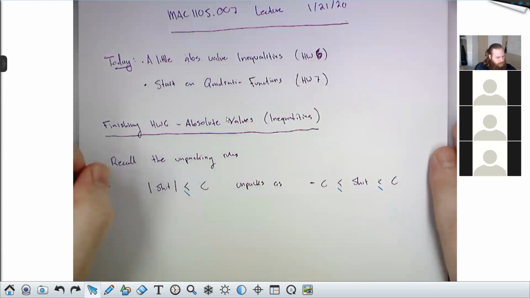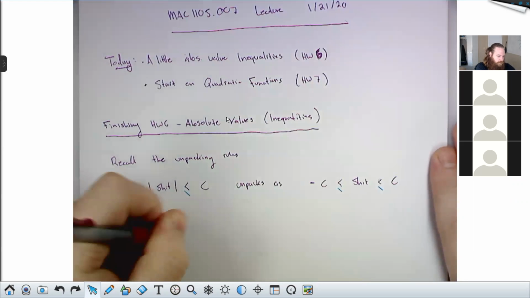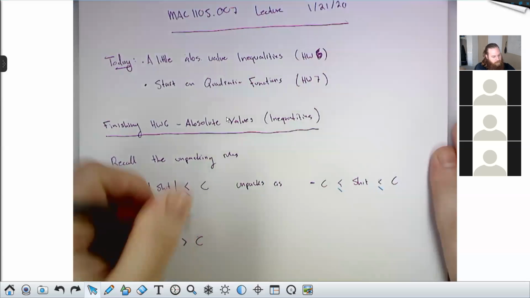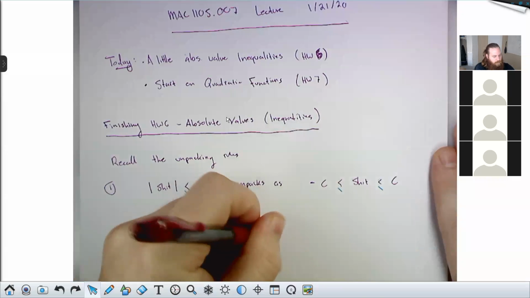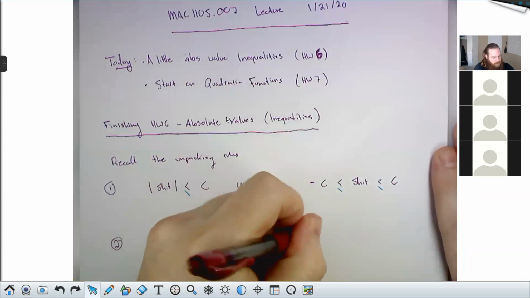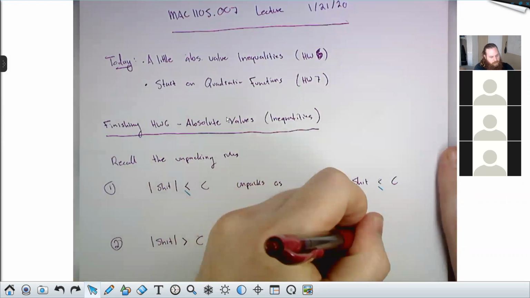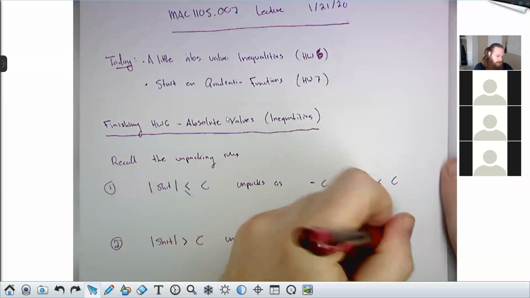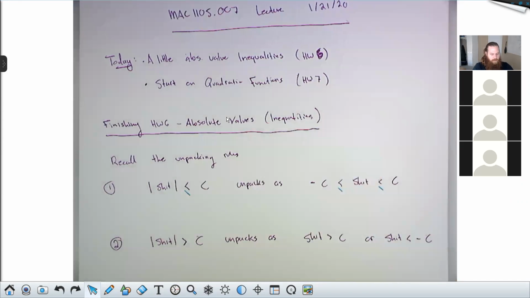And then the other unpacking rule we had was that if you've got the absolute value of some expression is greater than a positive constant, that unpacks into two statements. Either your expression is greater than the positive version of that constant, or your expression is less than the negative version of that constant.